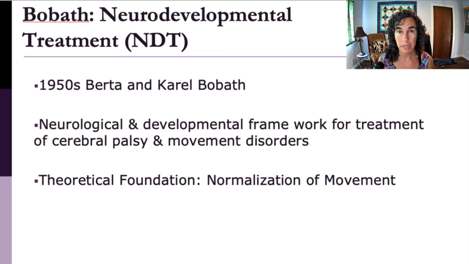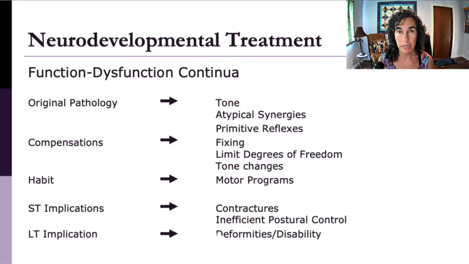And notice that it's both neurological and developmental, so it pulls from two different theories. Its theoretical foundation is normalized movement, right? That these synergistic patterns that are atypical due to a condition are not helping the child. Again, a function-dysfunction continua.